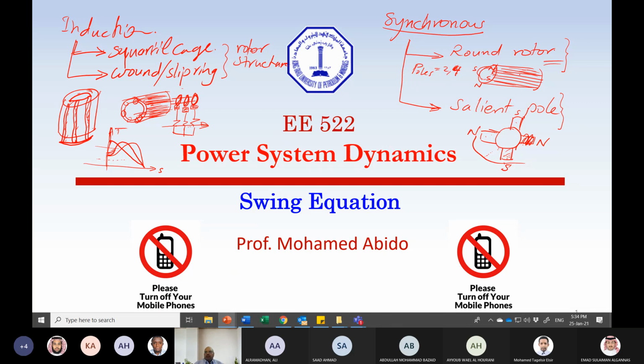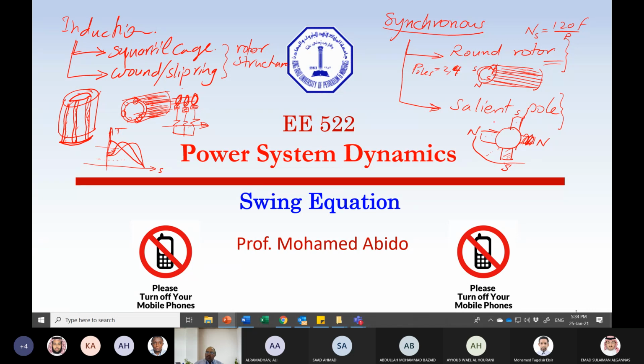And in this case, the synchronous speed is high. Ns equals 120 f over P. With the frequency 60 Hertz and the number of poles equal to 2, you have 3600 RPM. Now with 4 poles, 1800 RPM. The speed is high.